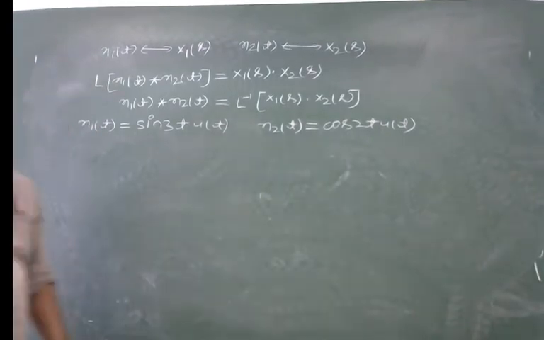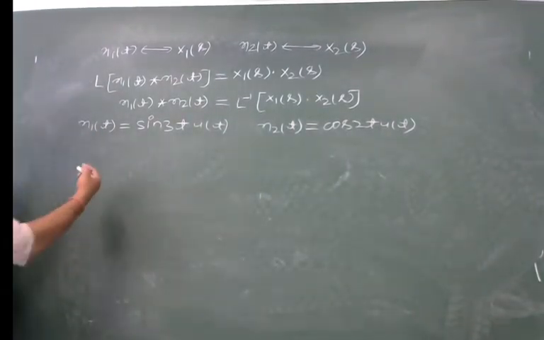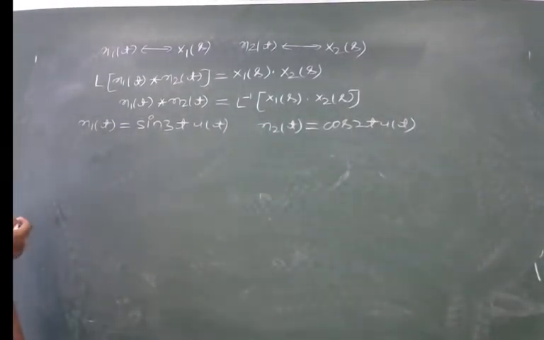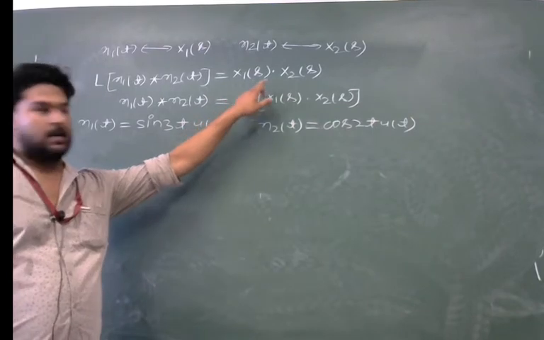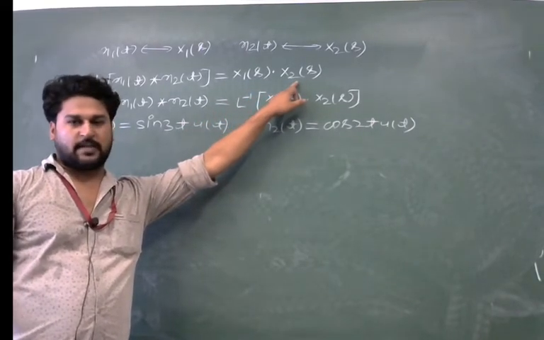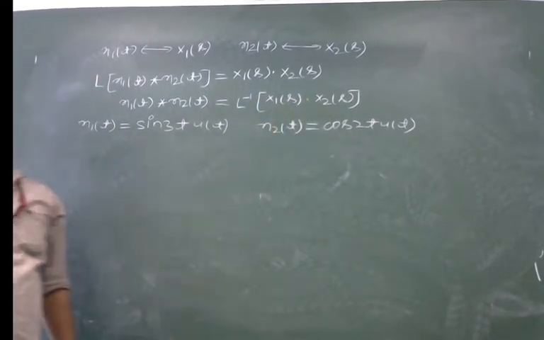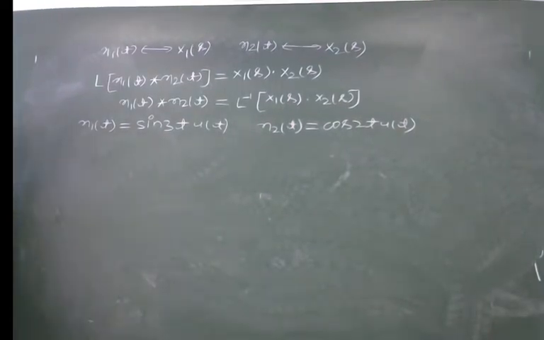Now we have to get the convolution of these two signals x1t with x2t. For that purpose, we need the Laplace transform of x1t and the Laplace transform of x2t. Then we will multiply these two, x1 of s into x2 of s.